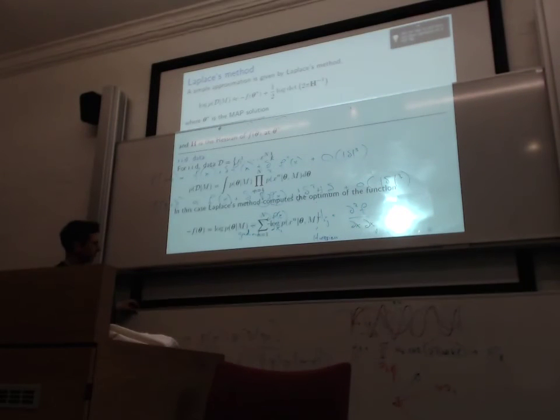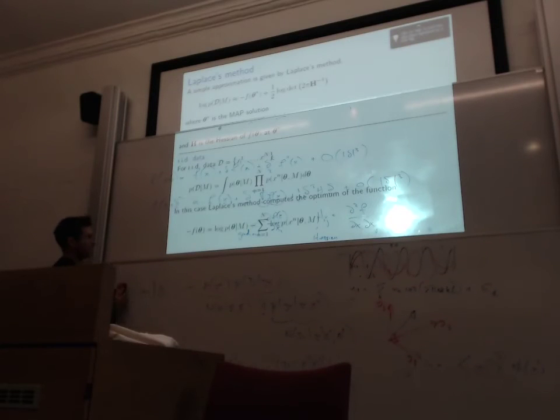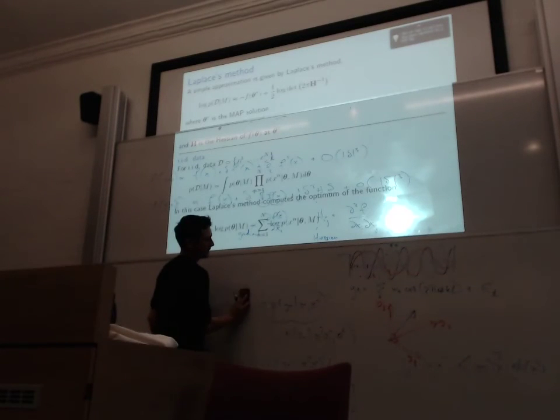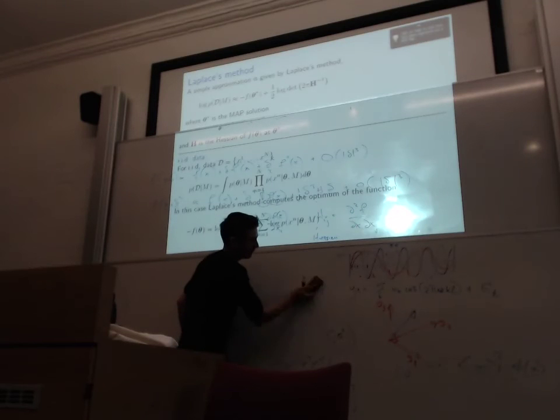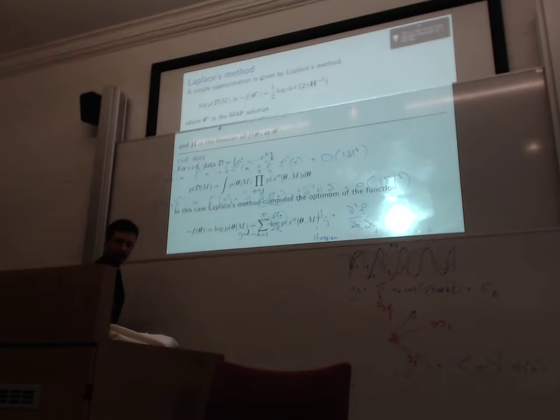So we're going to use this Taylor expansion to approximate this function f of theta. Let's say that theta star is the point which maximizes the function, the optimum point.